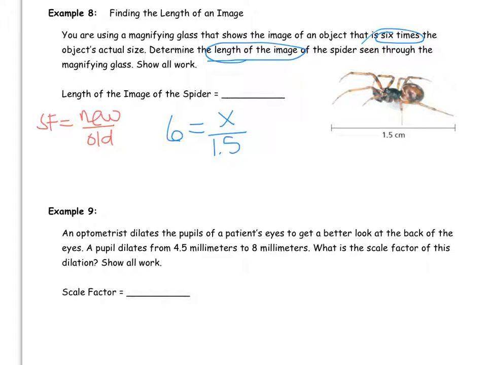So to solve, what we have to really do is multiply both sides by 1.5. That cancels out there. And you get 1.5 times 6 is 9. So it is 9, and we're in centimeters. So the length of the image of the spider would actually be 9 centimeters.